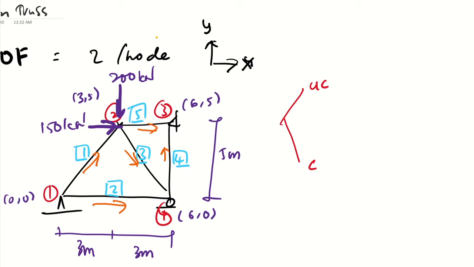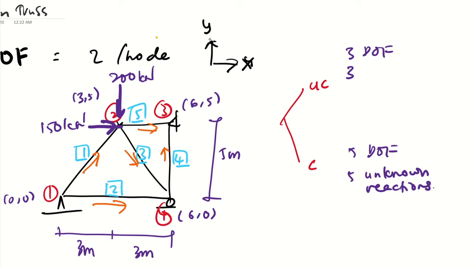So we have 5 degrees of freedom representing 5 unknown reactions. The total must be 8, because 8 comes from 4 times 2. So 5 have been put in the constraint system, and there are 3 remaining. So it has 3 DOF representing 3 unknown displacements.